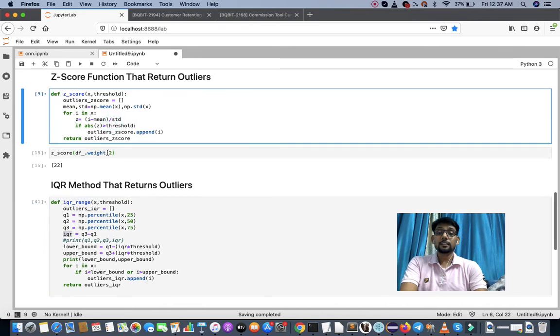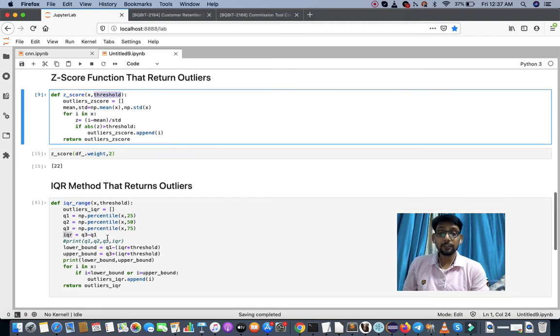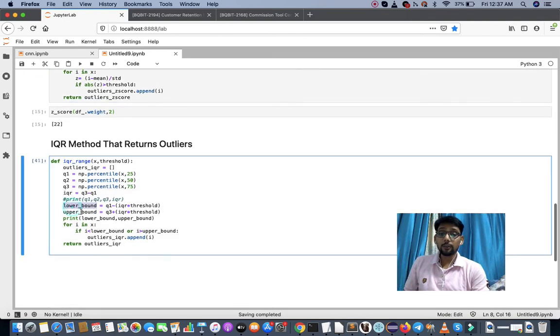And using the IQR, we have to calculate the lower bound and the upper bound as above. In the Z score case, we defined the threshold. If the threshold value is 2, then minus 2 to plus 2 is our range. Minus 2 would be the lower bound, plus 2 would be the upper bound. Any values below the lower bound would be outliers, and any values above the upper bound would be outliers. In the same way, we calculated the lower bound and the upper bound.